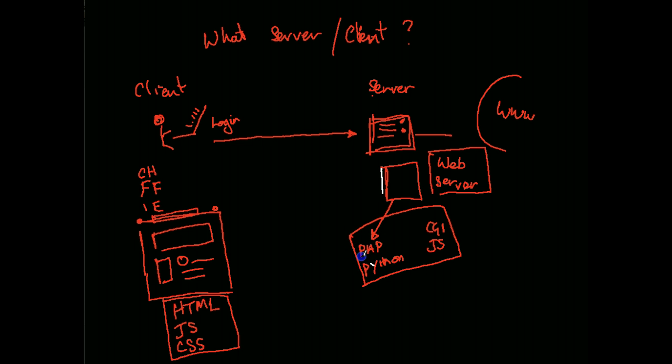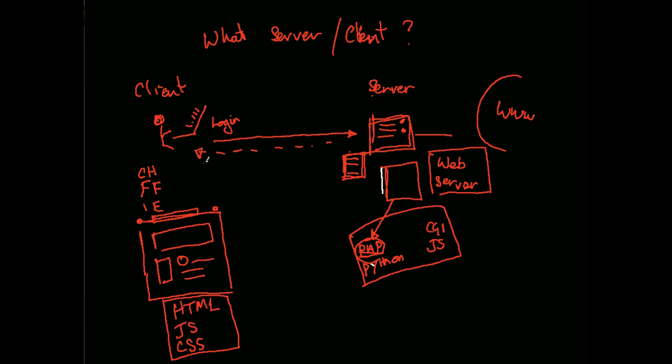Maybe it's written in PHP, and maybe this PHP says that if you see Lindsay, give him a web page that looks like this. So it will build a special web page just for me, with HTML and JavaScript and CSS written in there, and it will send just that special web page down the wire to me. That special web page will be my Facebook homepage and my YouTube channel and all that sort of thing that only I can see.